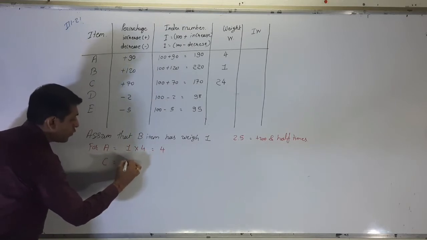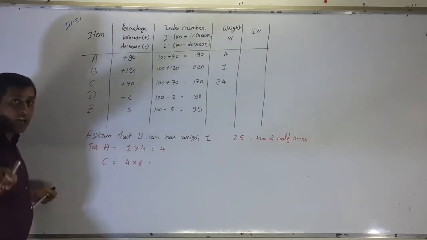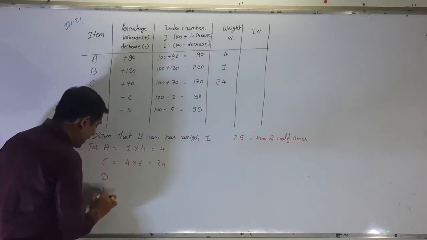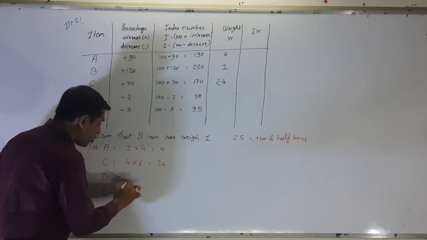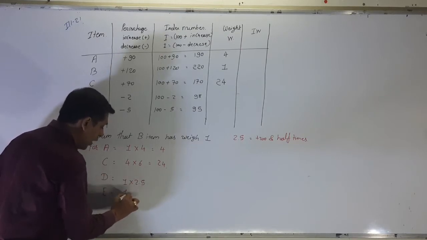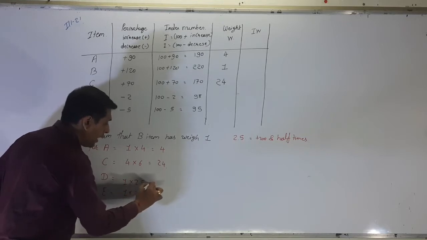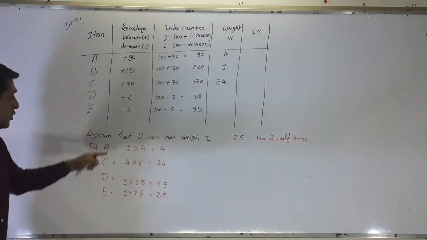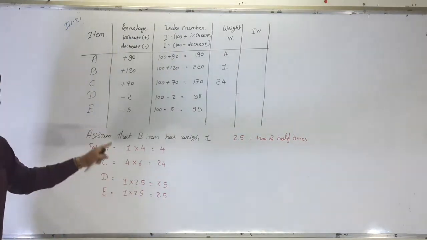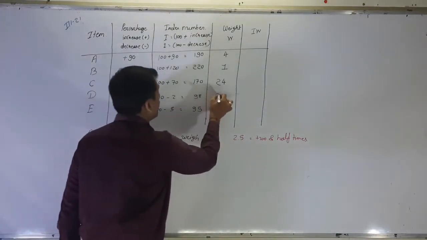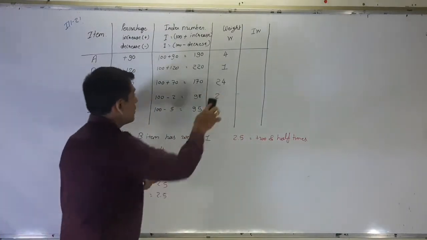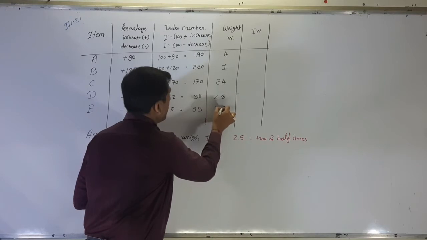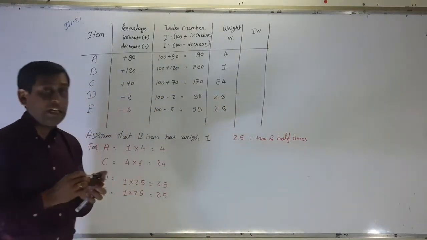For C, 4 into 6, 6 times of item A, that's why 24. Items D and E, 2.5 times of item B, that is 2.5 as it is. This is the weight for all the items. 2.5 is the weight of items D and E.